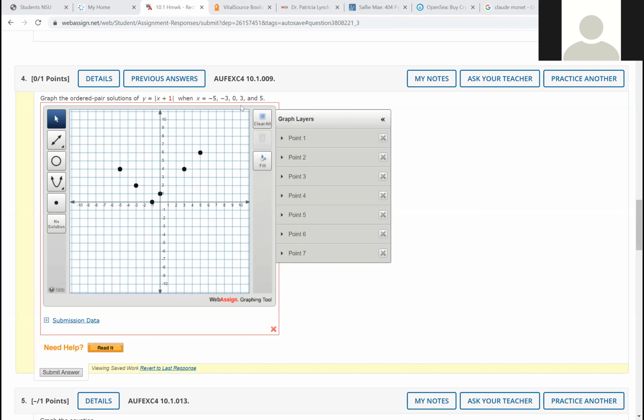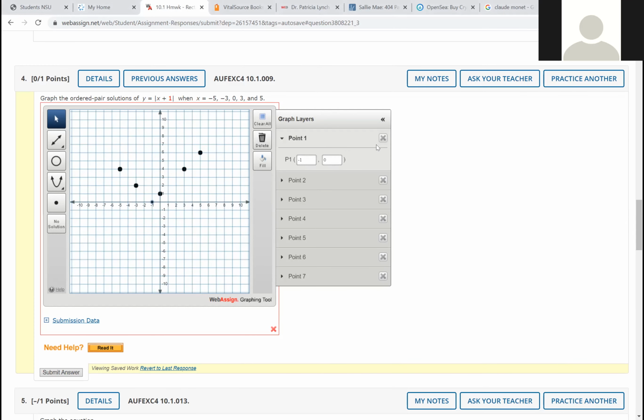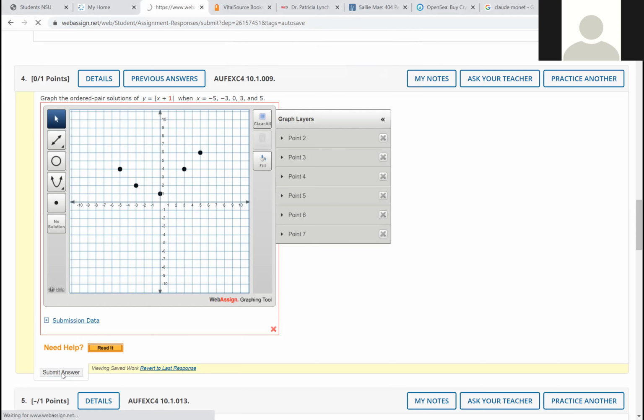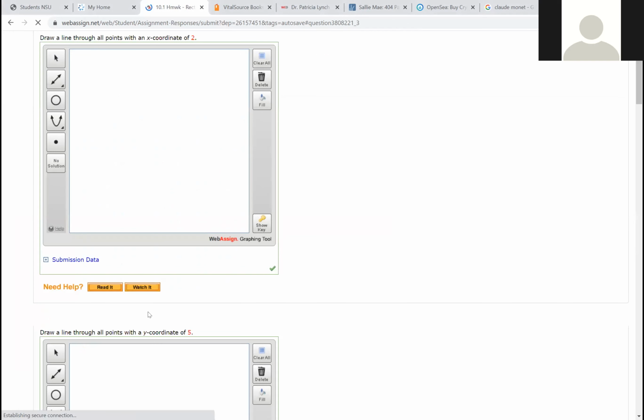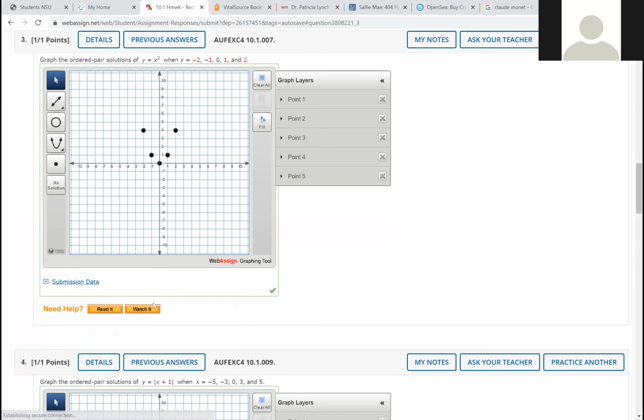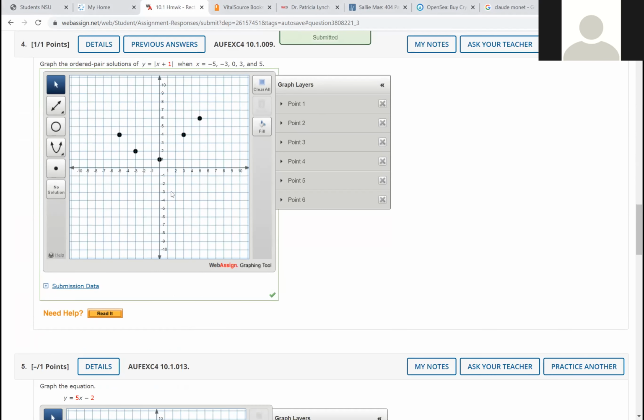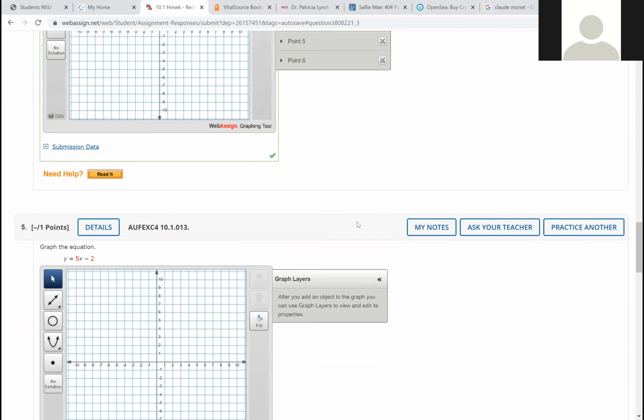Now that 0 should be 0, 1, okay. Now this -1 down here, why do you have that one? Oh, it's not supposed to be there. That might be the reason. And then that's 5 plus 1, yep. So that was it, right? Okay. That's that one.